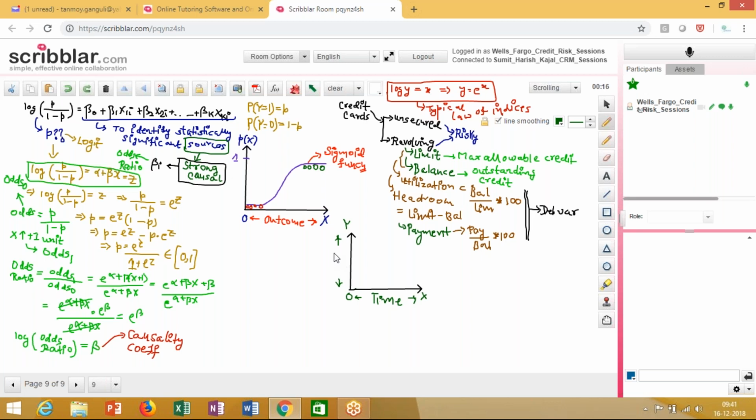Okay, and this is the values. So over here, you will have utilization, you'll have payment balance ratio keeps on, right? So let's say this is a guy whose payment balance ratio is like this, right?